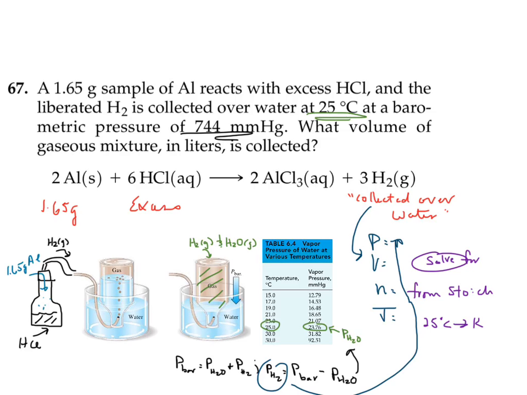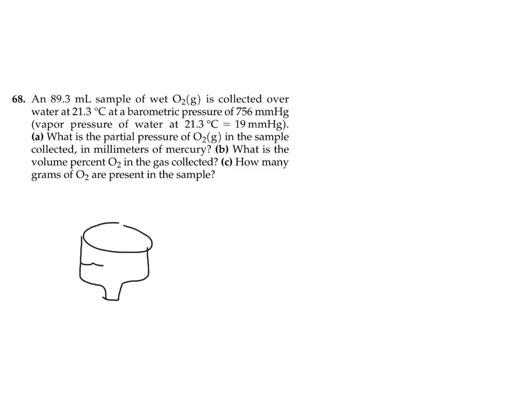They share the same volume. They're kind of independent of each other, but they share the same volume. So that's what you're solving for. I said the partial pressure of H2 you can get by difference. Solving for volume, you can get the number of moles of H2 produced from the mass of your aluminum, and of course your temperature was given in Celsius. I don't know why they do that, so you've got to get it into Kelvin. So it's not too bad once I explain that other part.